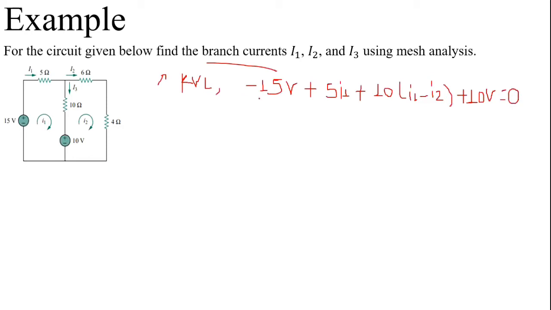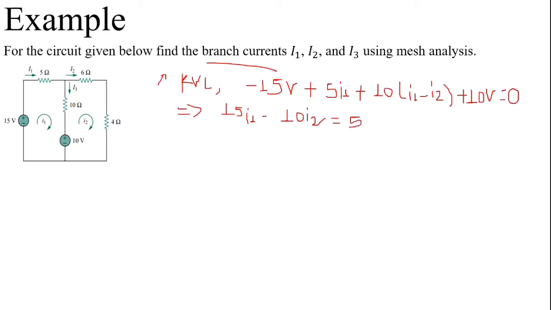If we simplify this equation, we obtain 5 plus 10 I1, that is 15 I1, minus 10 times I2, which is 10 I2, equal to 5.